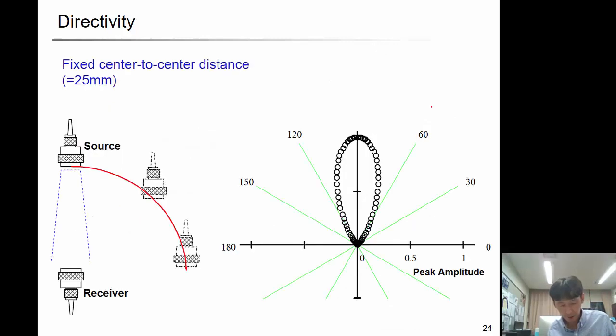Here also you can circle around the source with the receiver. And the amplitude was the biggest when you're facing each other in parallel, but as you go off from the center line, the amplitude decreases dramatically.